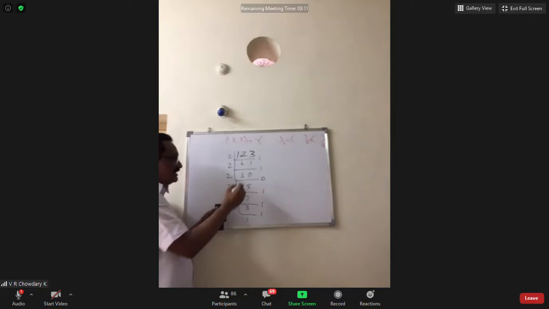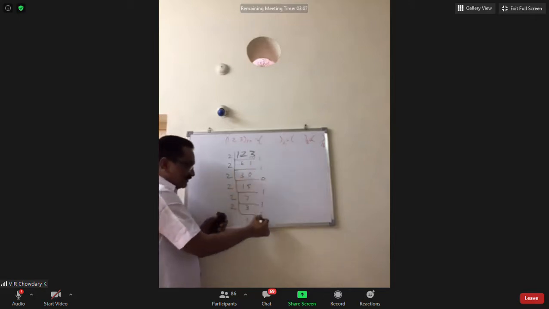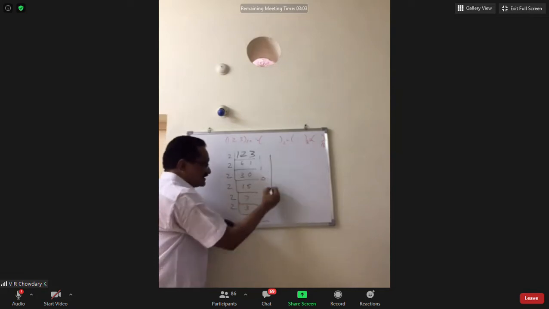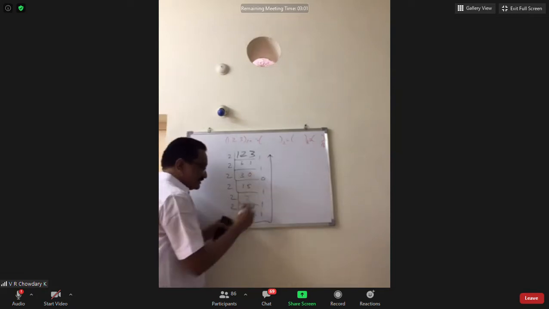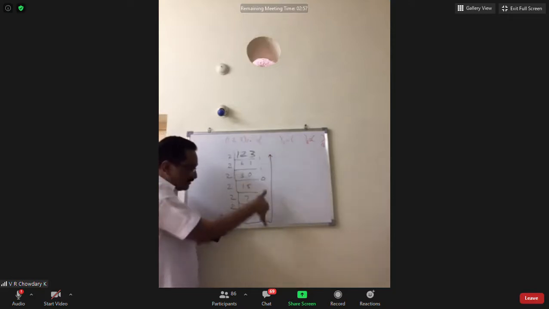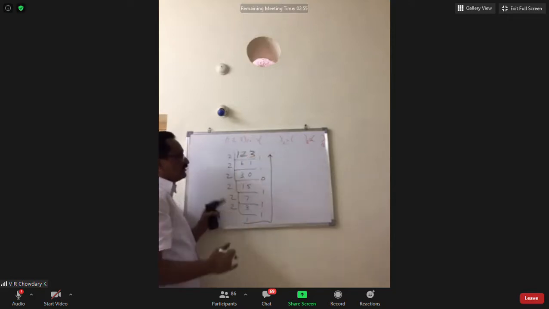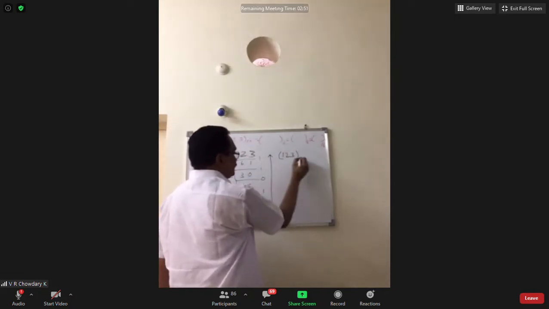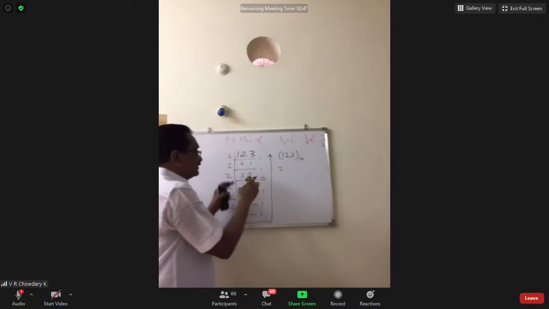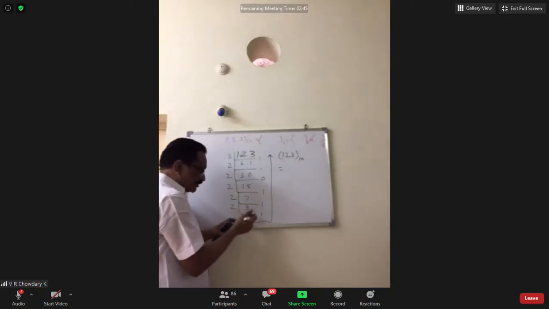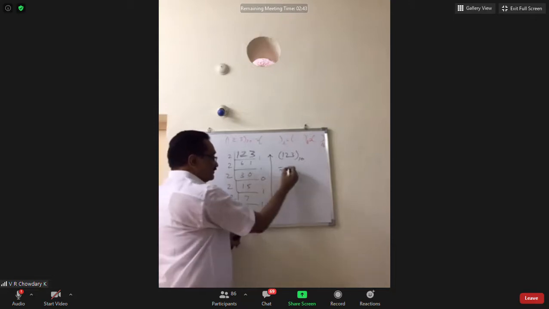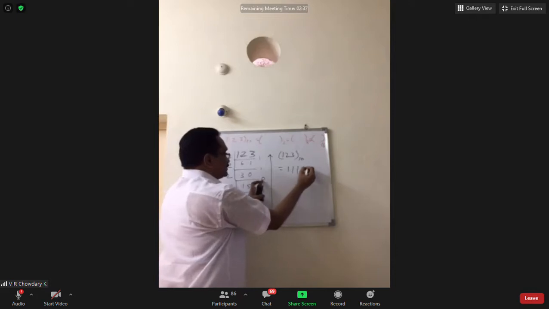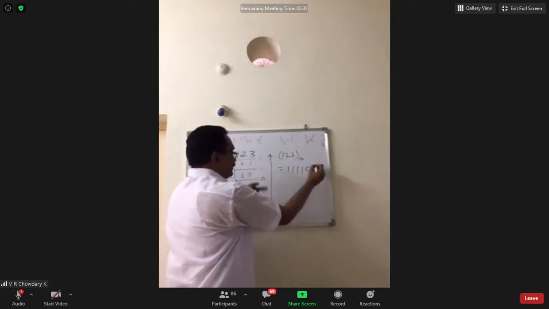So actually these are all the remainder values. We have to write the remainder values in the reverse order. This is the forward order and this is the reverse order. So for the decimal number 123, the equivalent binary number is, noting down the remainders in the reverse order, 1, 1, 1, 1, 0, 1, 1.